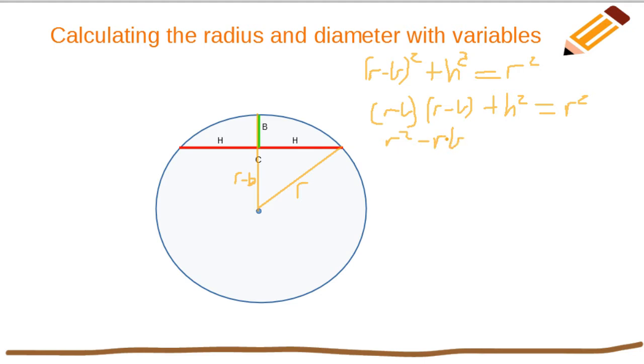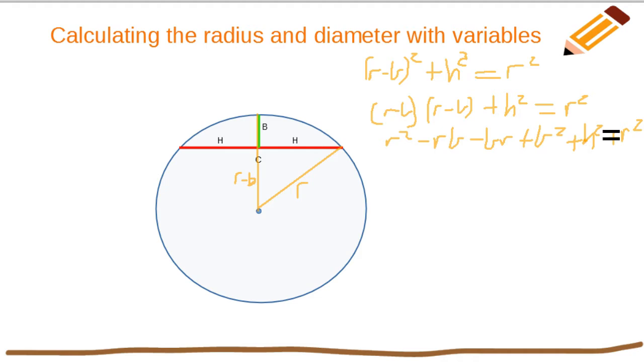Next the I, which is minus br. And next the L, which is plus b squared. Of course, we always have to put the plus h squared at the back and also the equals r squared.